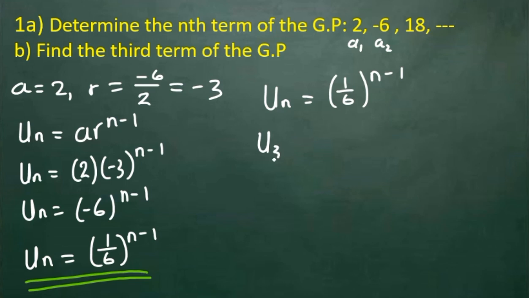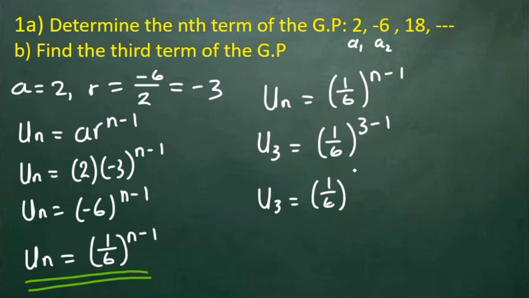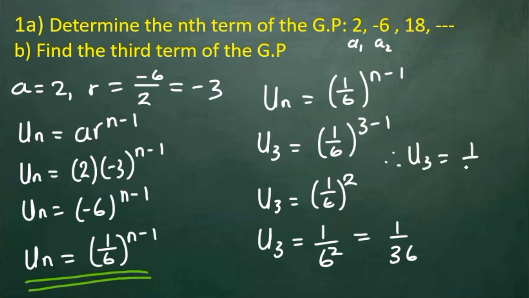So U3 will be equal to 1 over 6 to the exponent of 3 minus 1. 3 minus 1 is 2, so U3 equals 1 over 6 to the exponent of 2, and this will give us 1 over 36, because 6 squared is equal to 36. Therefore, U3 is equal to 1 over 36. All right.